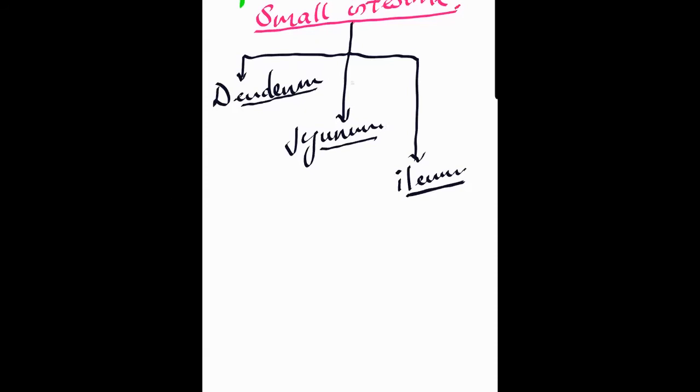Now, the small intestine is mainly used for digestion, but also absorption. For example, if you have a fever or cough and cold or any disease, you take medicine. After taking medicine, it will not be absorbed by the stomach.